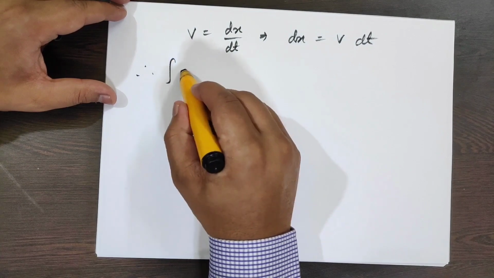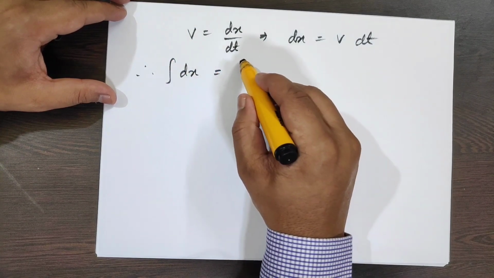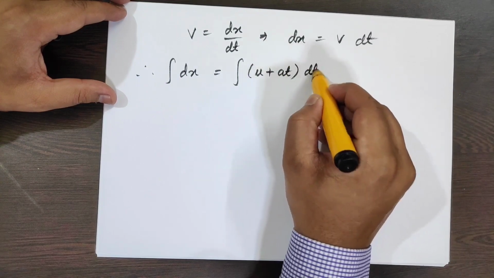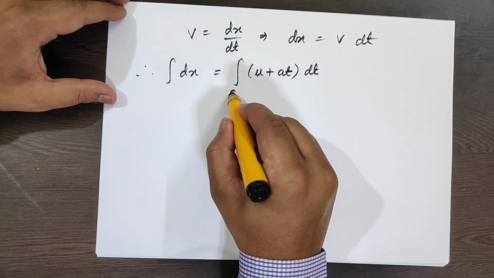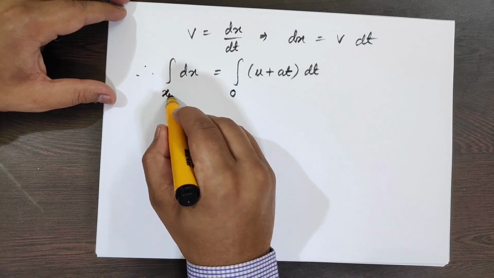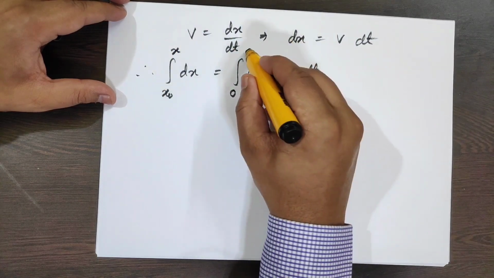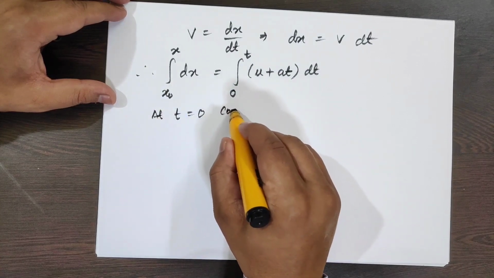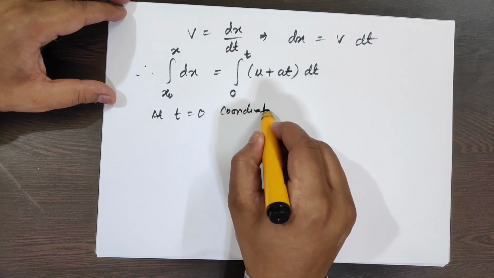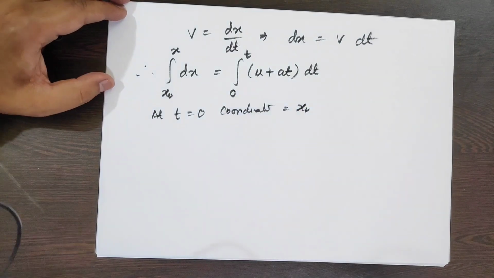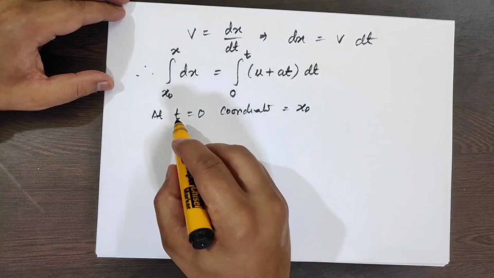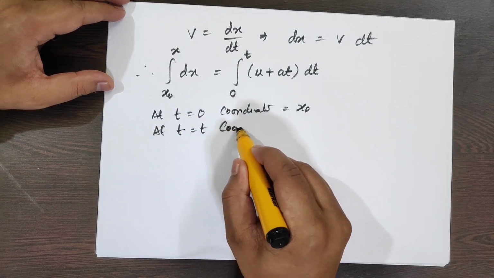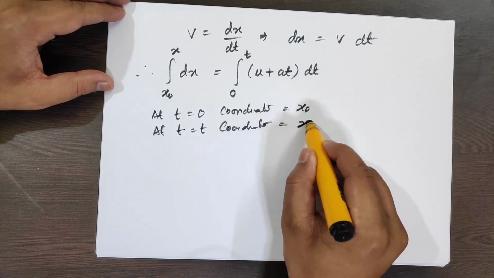So the integration of dx equals the integration of v, you can put here u plus at times dt. Now say at time t equal to 0, the coordinate was x naught, and at t equal to t, the coordinate is equal to x.